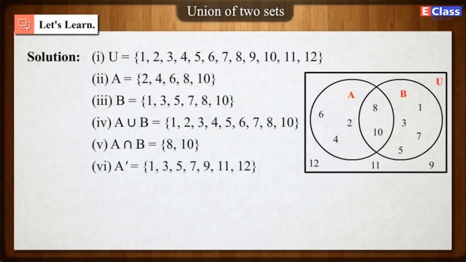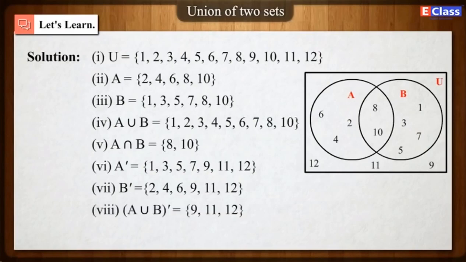6. Set A complement is equal to {1, 3, 5, 7, 9, 11, 12}. 7. Set B complement is equal to {2, 4, 6, 9, 11, 12}. 8.